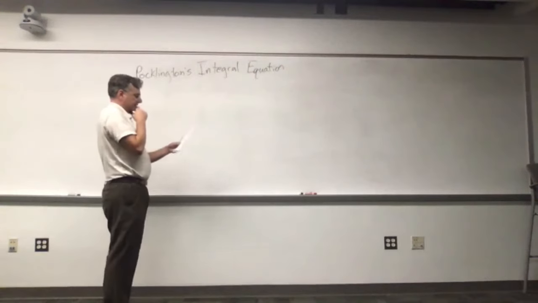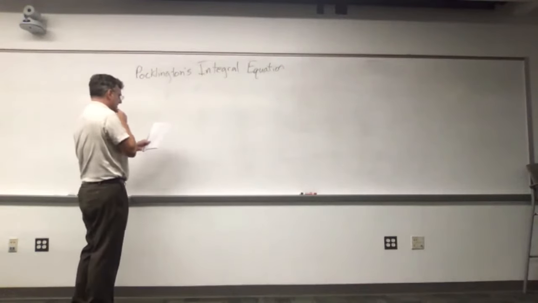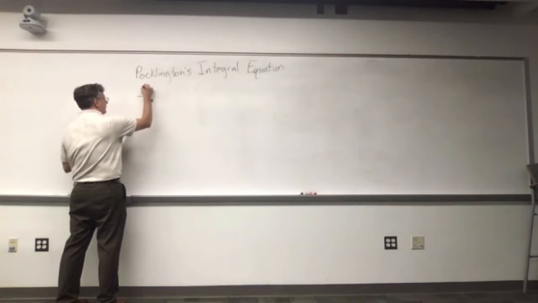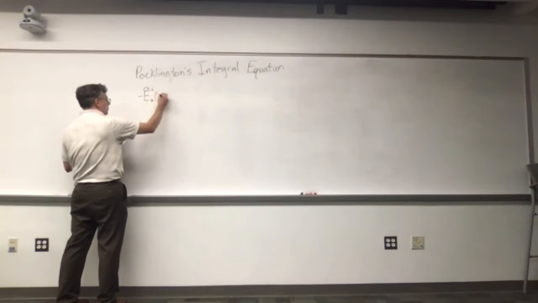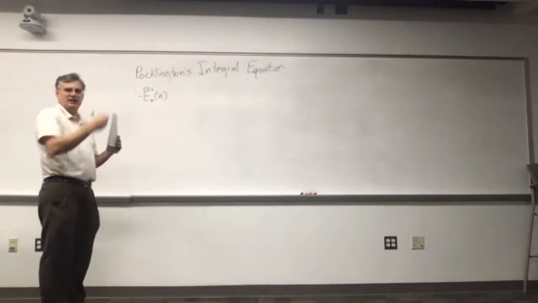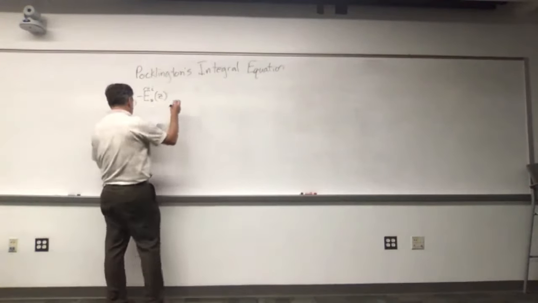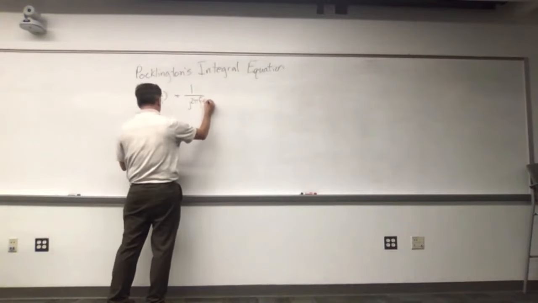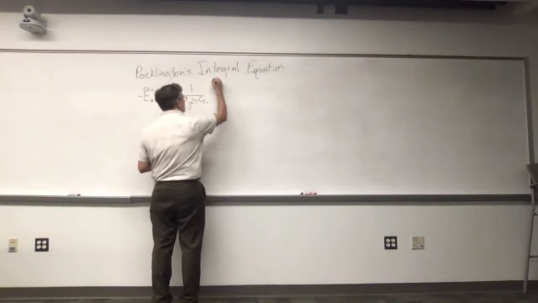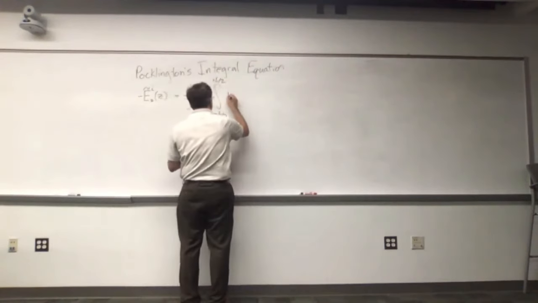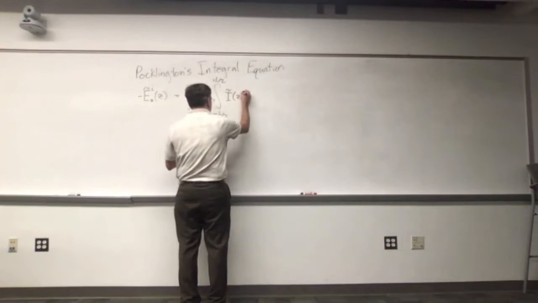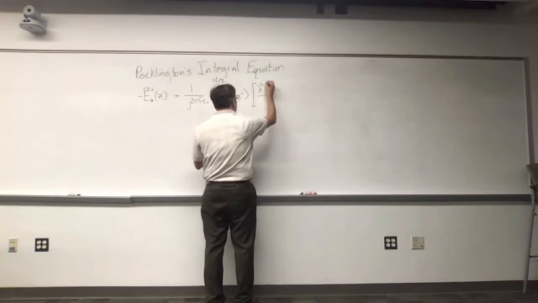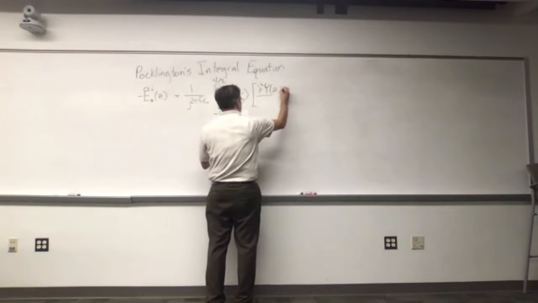The way this works, Pocklington's integral equation says that the E field, E in the z direction, that's impressed on a section of wire immediately outside that wire, should be equal to 1 over j 4 pi f epsilon naught, times the integral from minus L over 2 to plus L over 2 of the current evaluated at a section z prime, times this Green's function-looking thing.